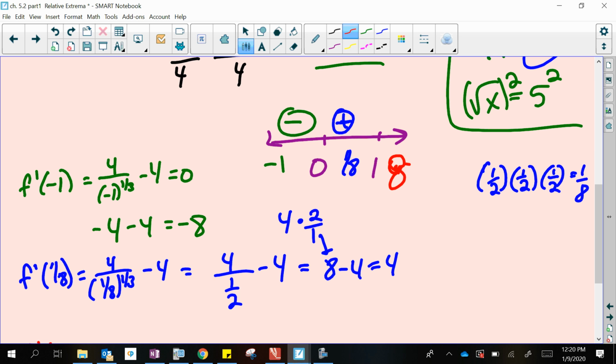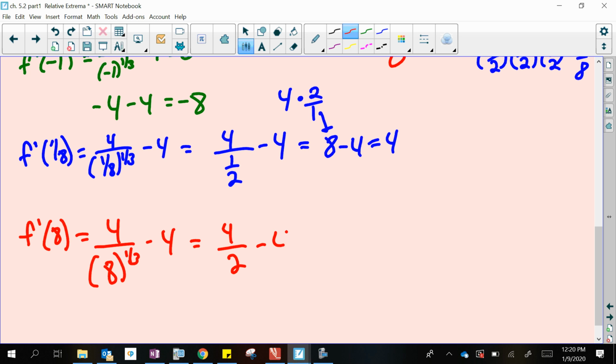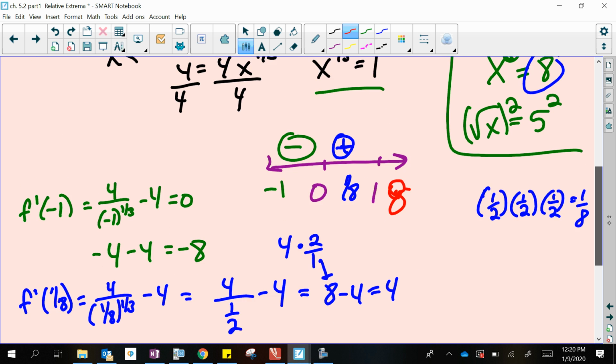So the cube root of 8 we know is 2. So we take 4 over the cube root of 8 minus 4. So Natalie, 4 over what here? 2 minus 4, right? 4 over 2 is 2. Minus 4 is negative 2. Everybody agree with that? All right, so we got negative.